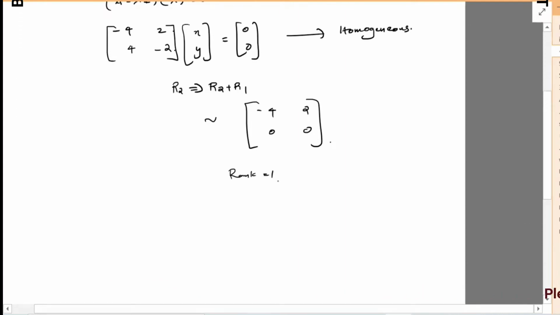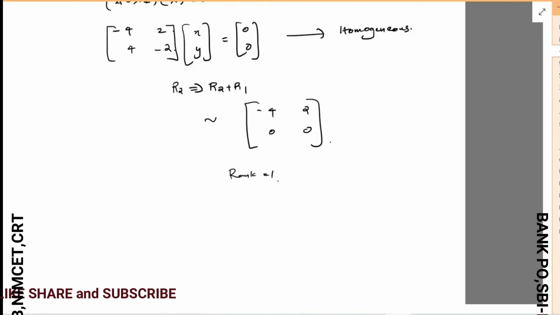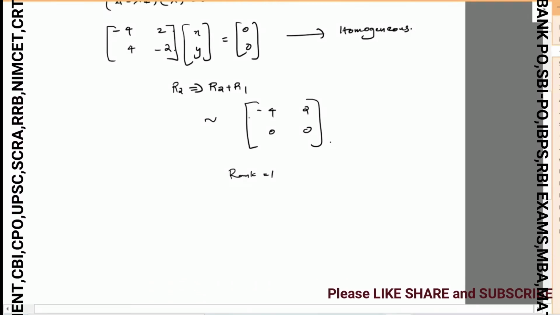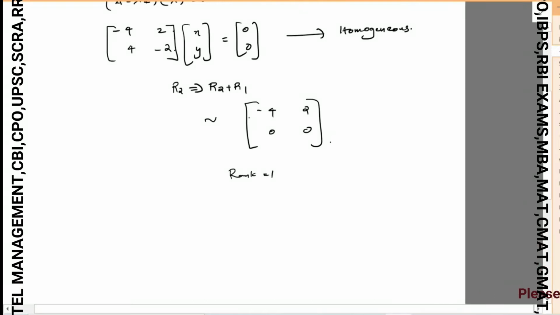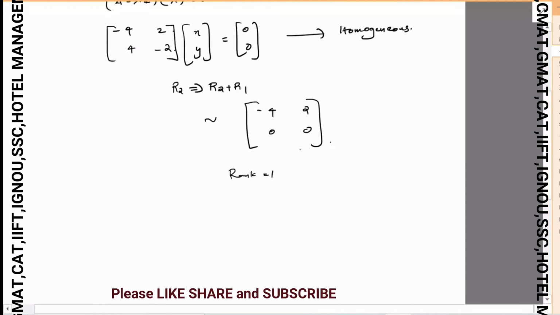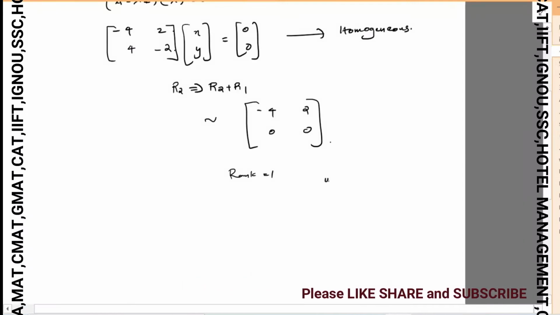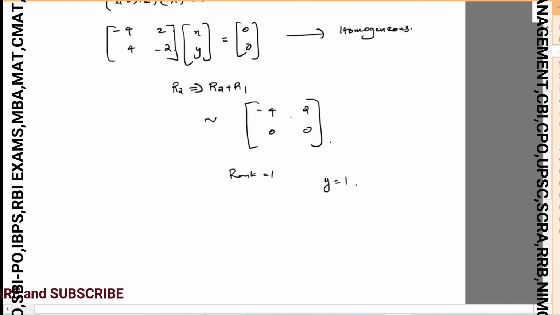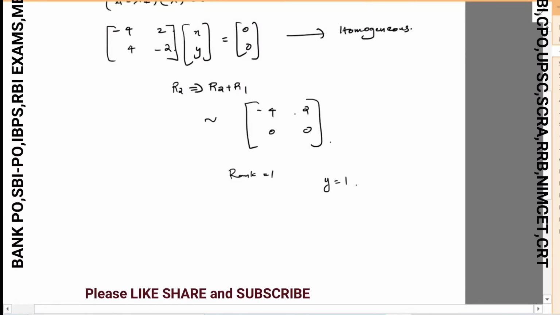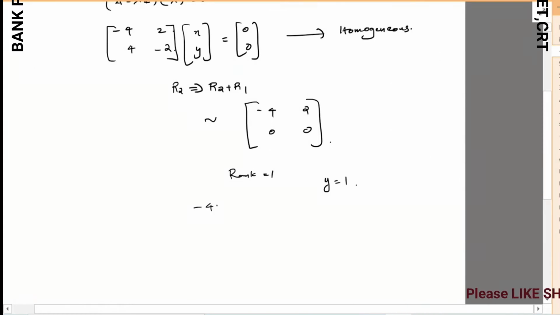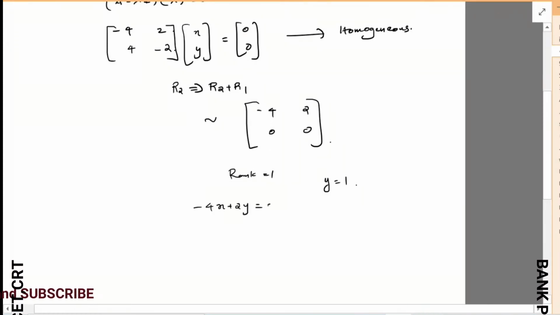To find a solution, we will identify the free variable. Which one is the free variable here? y is the free variable. So we will substitute some values for y. Put y equal to 1. From the first row, that will be minus 4x plus 2y equal to 0.